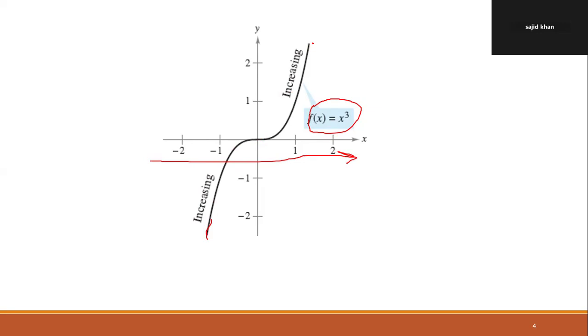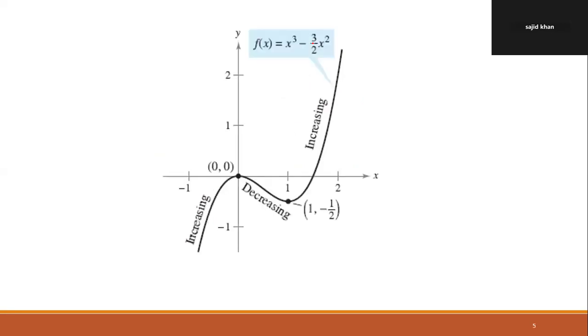So for all input values from minus infinity to plus infinity, the function value is increasing. So f of x is equal to x cube is an increasing function over the whole interval from minus infinity to infinity.